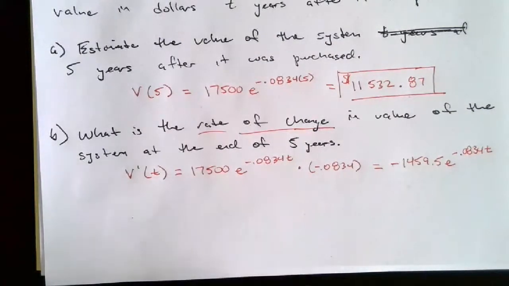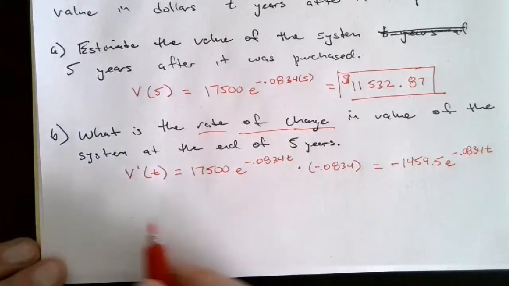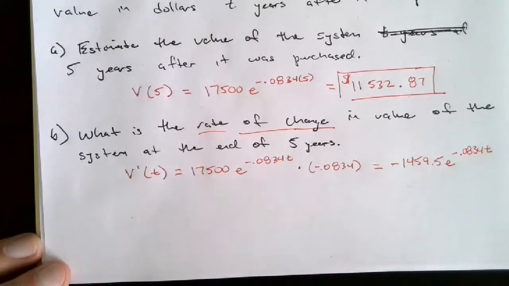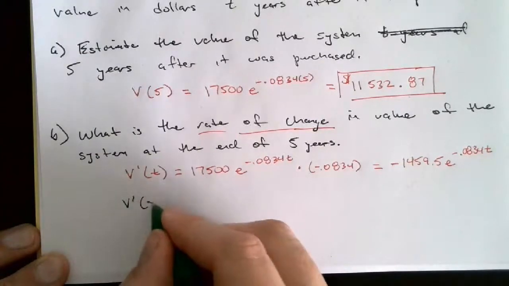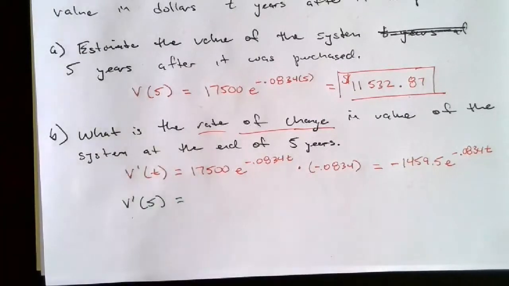Now once I have that, that's the derivative, that's the rate of change at any time t. We want to find v prime of 5, because we wanted to know at the end of 5 years what the rate of change was.